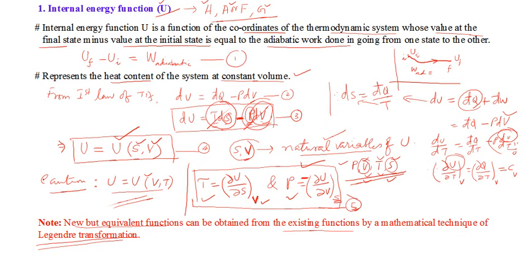Equivalent function, because H will be equivalent to U, equivalent to A, to G. So for the same system we can define H, and it will have some other value for A. We will be able to get information regarding the system.